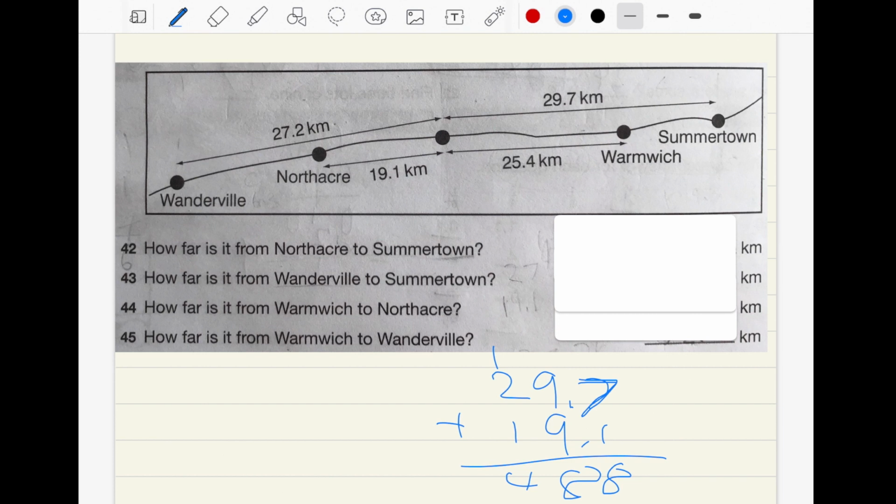And then we add this decimal point there. So the answer for question 42 is 48.8 km. Forgot that. Oops.